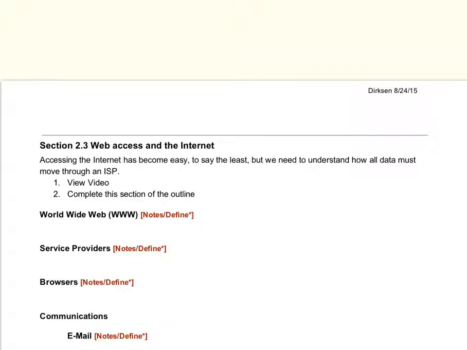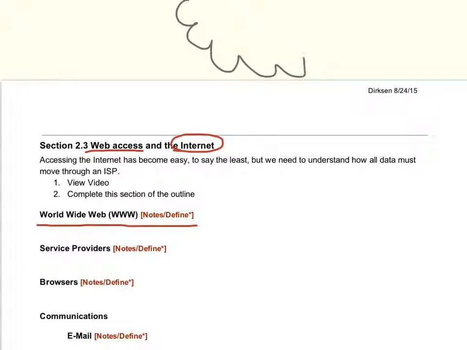Hi everyone. Next topic, we're going to talk about web access and the internet and try to clarify a few terms. First one, the World Wide Web, www. If we were to look at, let's say I'm going to draw the internet here.